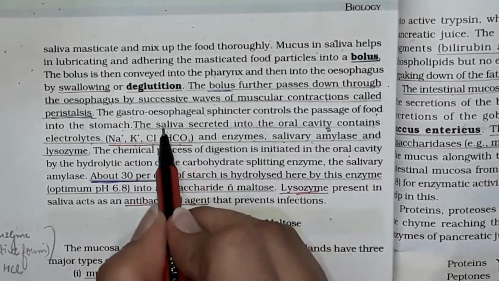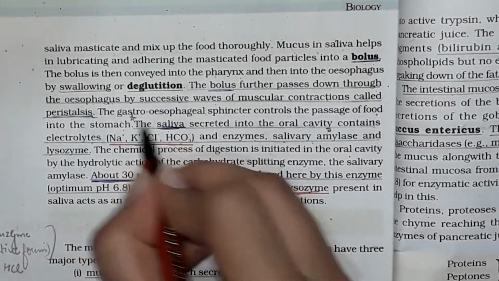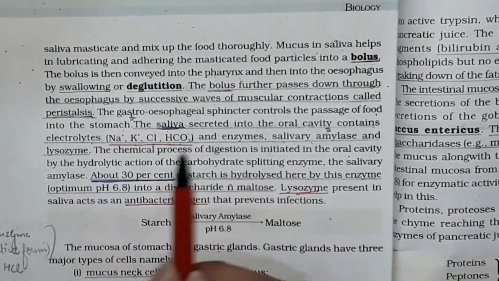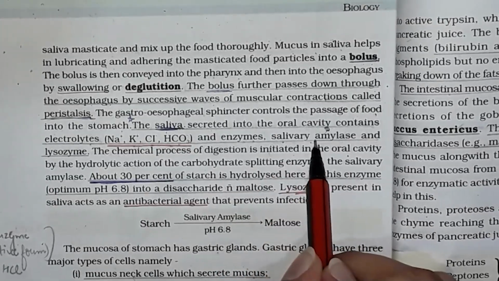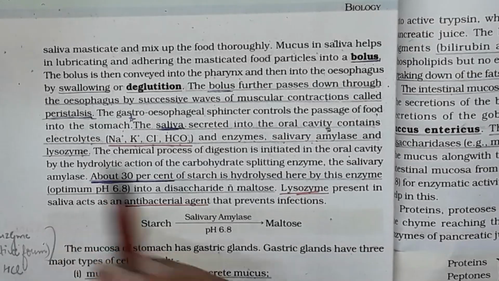The composition of saliva is very important. Many times the question is framed on this part, that what are the constituents of saliva. So you have to remember these four electrolytes, enzymes and the salivary amylase, which is very important, and lysozyme also, as it is antibacterial in nature.